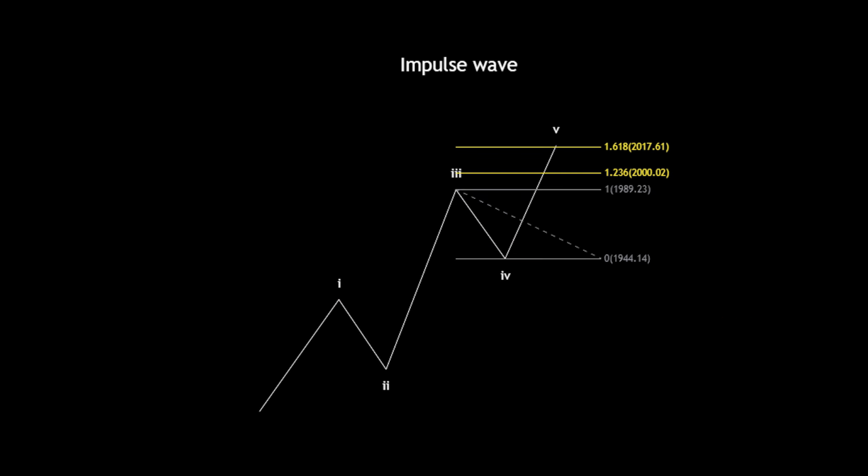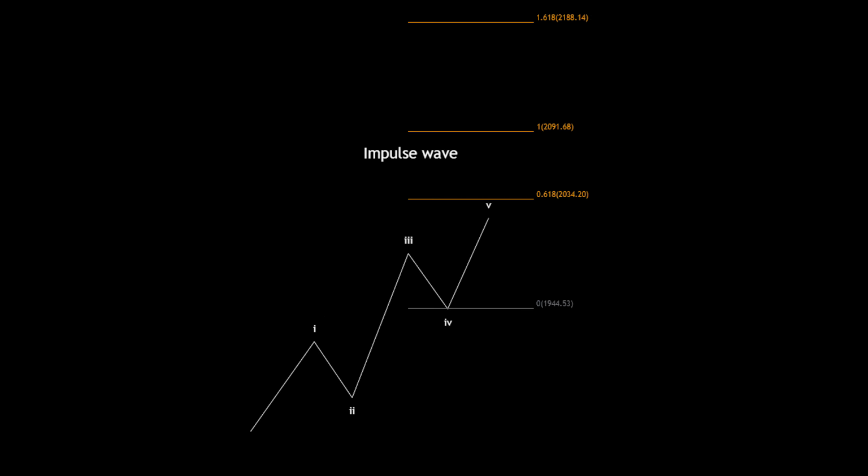Wave 5 has multiple targets depending on the waves before it. In most common cases, we can target the 1.236 to 1.618 inverse retracement of wave 4. Or, if wave 3 is not extended, which means it's typically less than 1.618 of wave 1, then we can target the following wave 5 extensions: 0.618, 1 or 1.618 of wave 1 through 3.